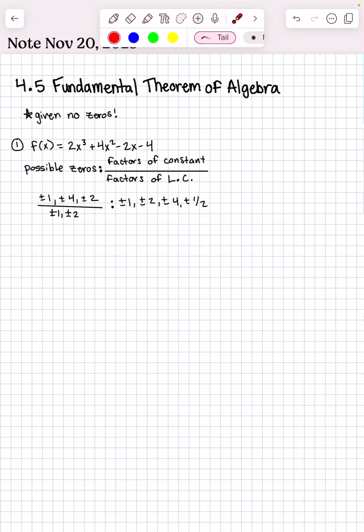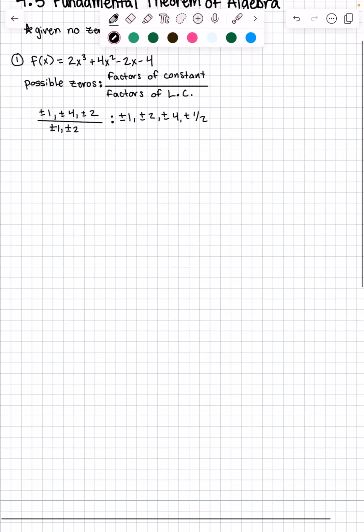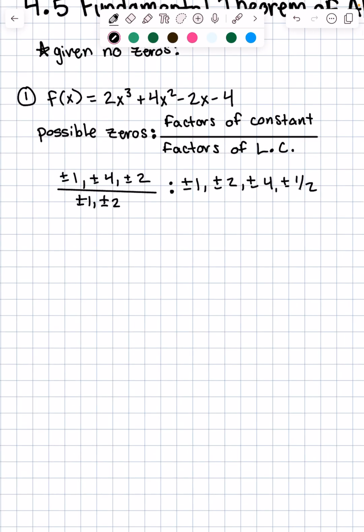So what we could do is go ahead and set up our synthetic division. This is degree 3, so x cubed, x squared, x to the first, x to the 0, and I put my coefficients under there.